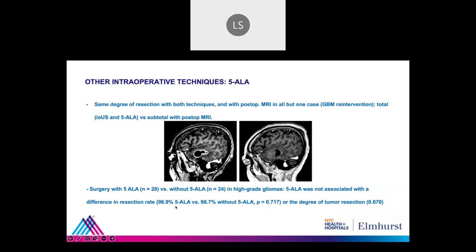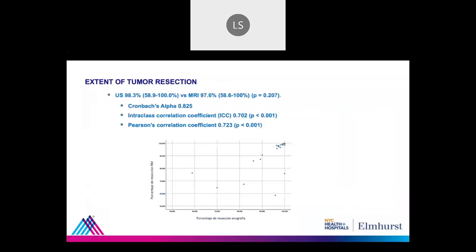This is like a subgroup analysis, but we could say that the use of 5-ALA did not impact the results significantly. And in extent of tumor resection, once again, we saw that both with the ultrasound and with the MRI, it was pretty comparable, pretty similar and significant.